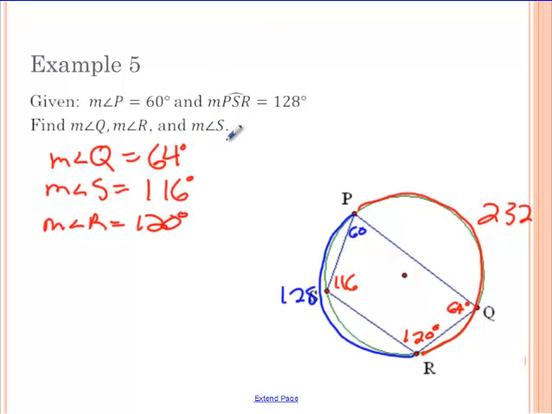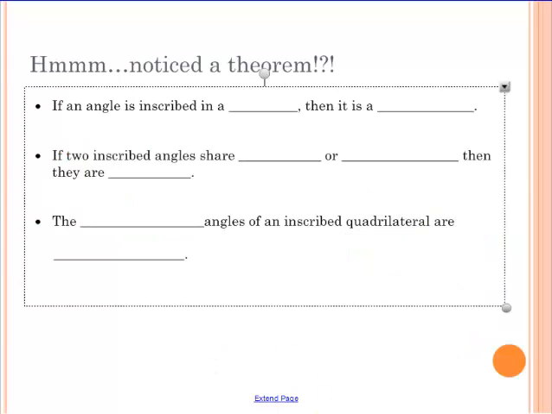Now, one thing I want to look at for a second: take a look at angle P. Take a look at angle R. 60 plus 120 is 180. Now take a look at these two. 116 plus 64 is also 180. Opposite angles in a quadrilateral add up to 180.